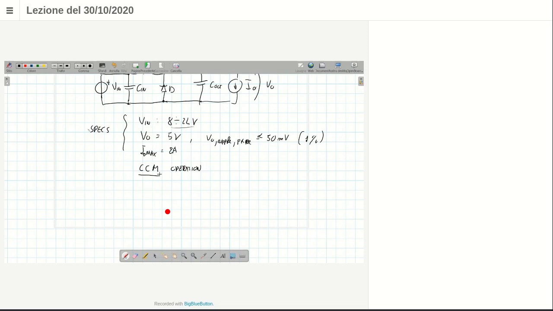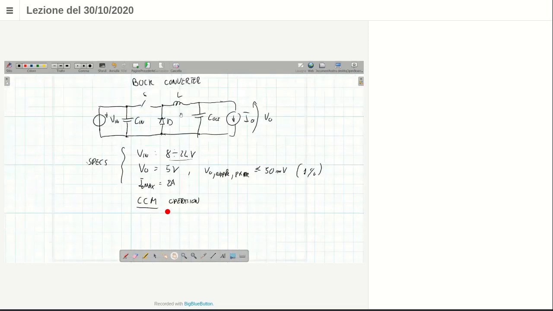We know that designing the converter, first of all, means choosing the components, not just the value of the components, but also the part number, so that the components can be bought and the circuit can actually be mounted on a printed circuit board, on a prototype. Okay, so this is our goal, to choose the components: the capacitor, the diode, the switch, the inductor, the capacitors for this converter.